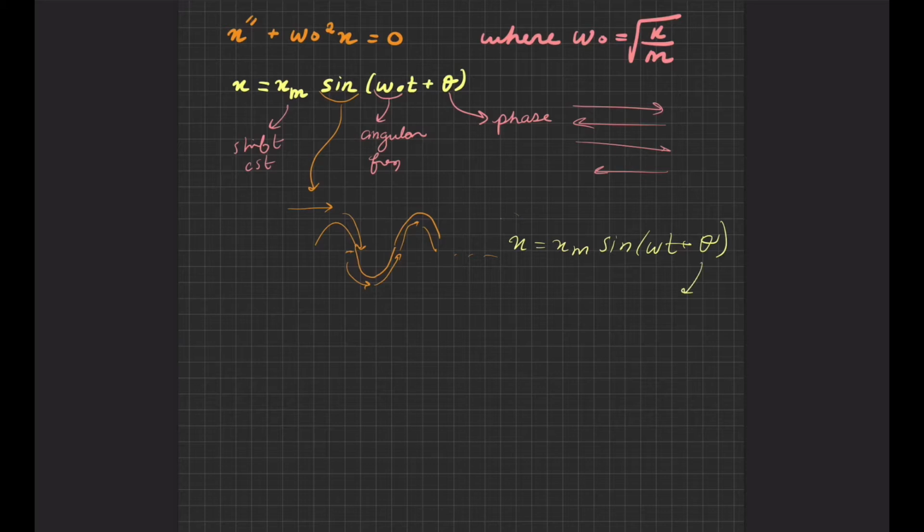Okay, and what is theta exactly? If at time t equals 0, the pendulum or the spring was not at 0, I'm sorry, we have a phase. Let me show you a bit. So if in our case x of t equals 0 was at xm, right?